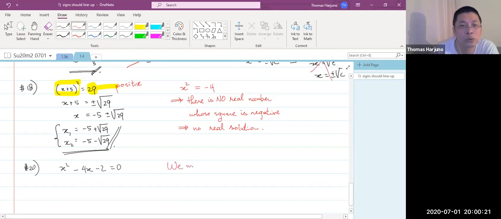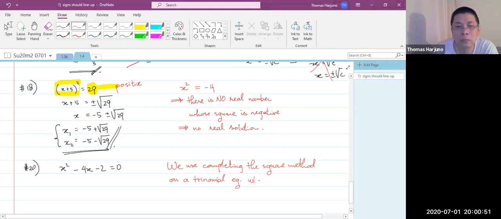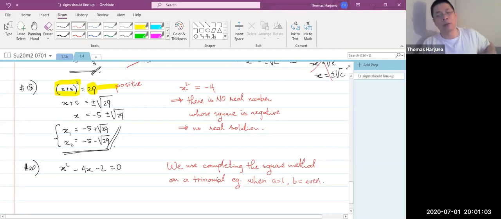We use the completing the square method on a trinomial when the leading coefficient is 1 and the coefficient of the variable x is even. Then the completing the square method is better.